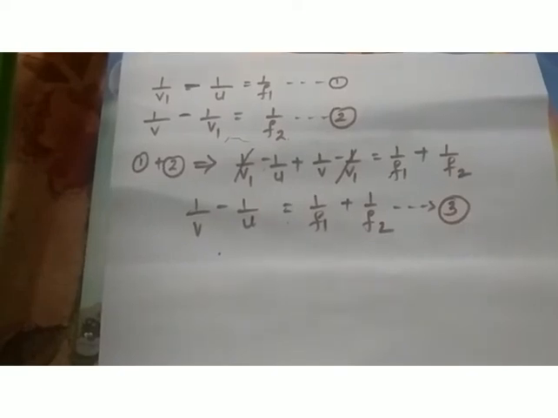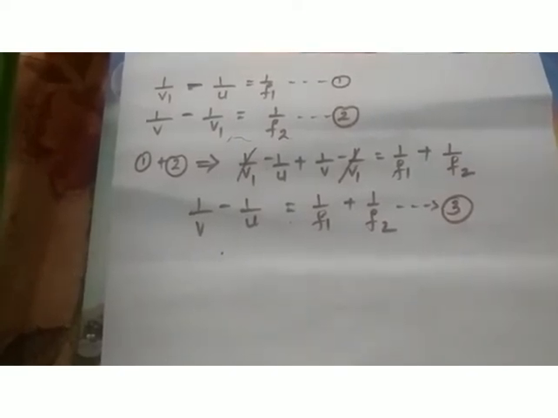Now if we replace the two thin lenses with a single lens such that the image is produced at the same position for the same position of the object.